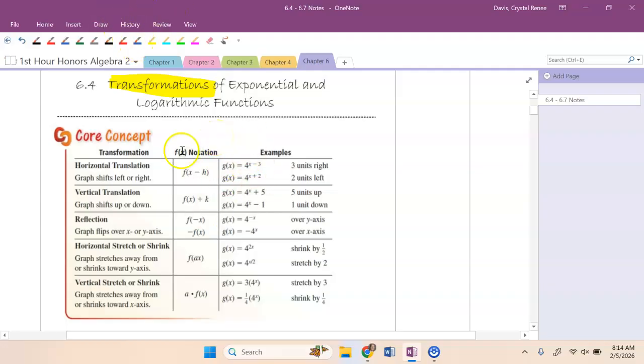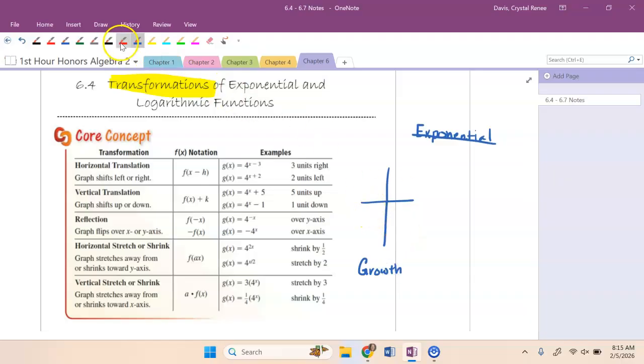So this is the chart for exponential functions, and I just want to quickly go over graphs of exponential functions. If we have exponential growth, the graph looks something like this, where this is our asymptote, we go up, we cross at (0, 1), and then we go up.